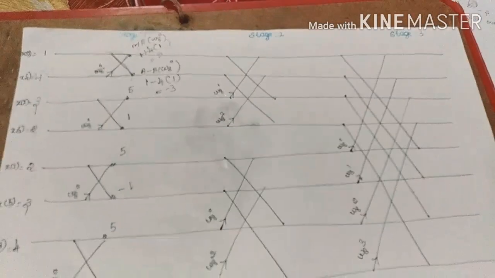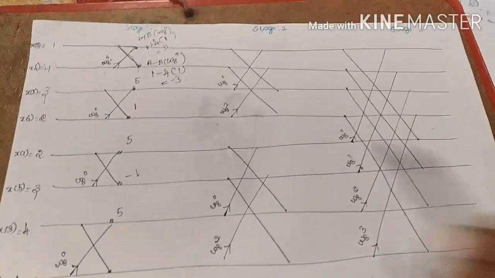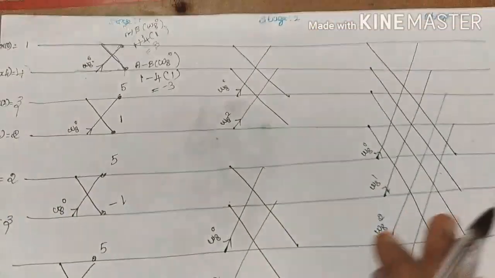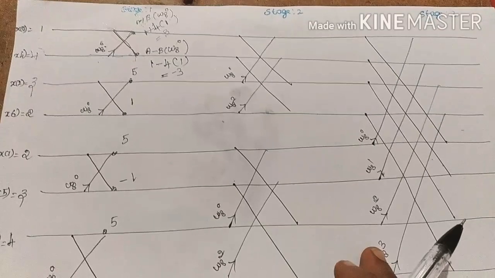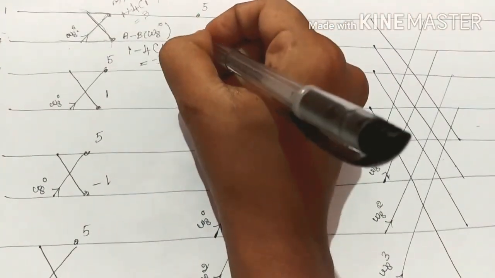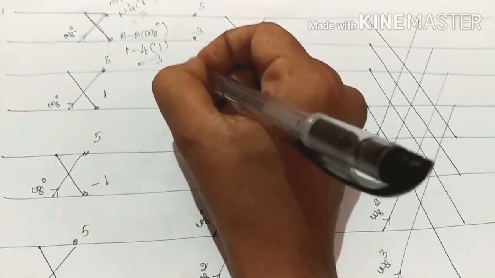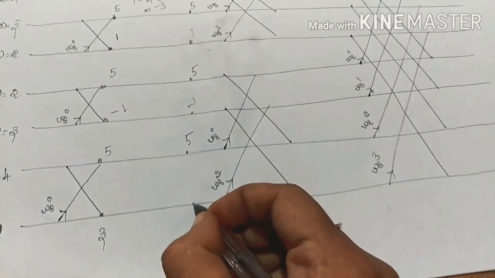We go for stage number 2. For calculating stage number 2, the stage number 1 output becomes the input of stage number 2. So stage number 1 outputs are 5, minus 3, 5, 1, 5, minus 1, 5 and 3.